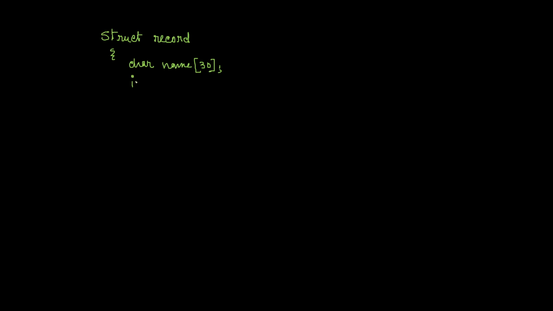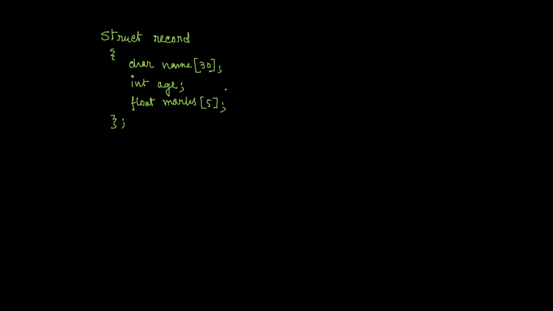Say for example, int age. Then for example, I can write float marks, say 5, because suppose you have 5 subjects in the current semester. So we can write a structure in this way, but now the question is how I can use this.